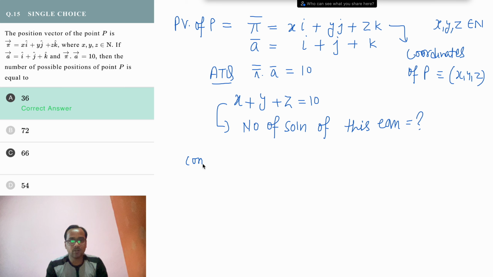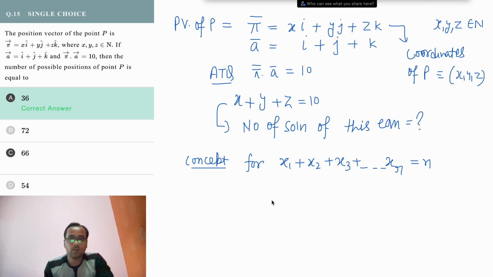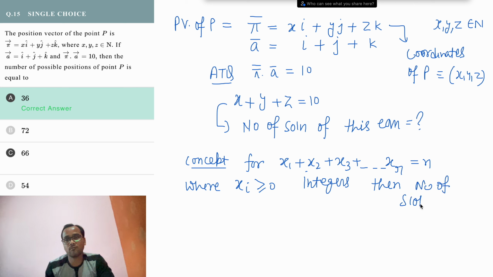Now let me tell you one concept. For x1 plus x2 plus x3 plus dot dot dot xr is equal to, let's say, n, where x1, x2, x3 are all greater than or equal to 0, and integers also, the number of solutions is given by n plus r minus 1 c r minus 1.